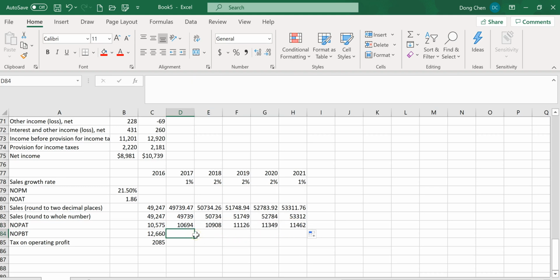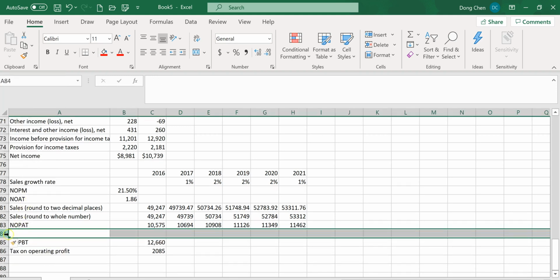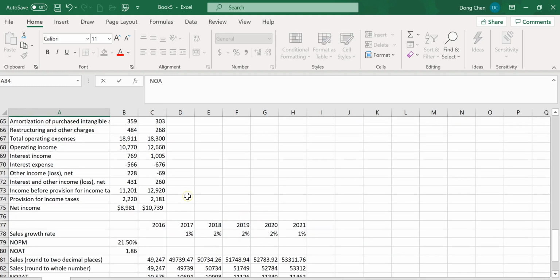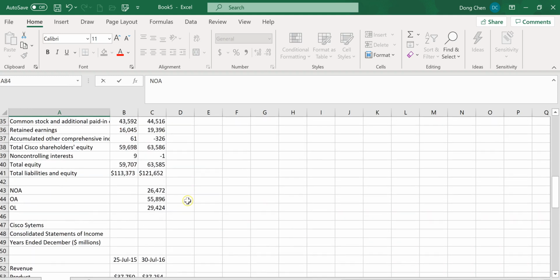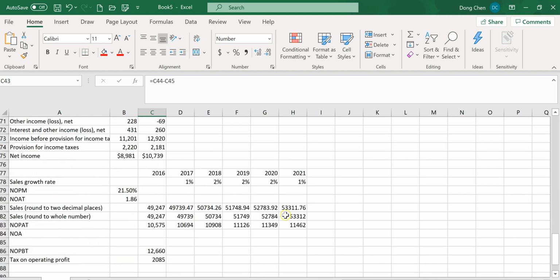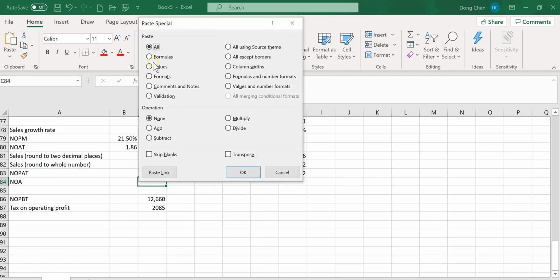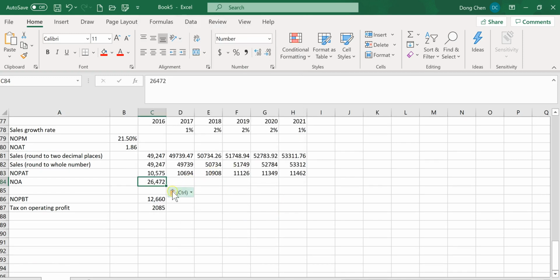And NOPBT, actually now I don't need this. What I need is NOA, which I calculated earlier. So I can just copy the number, but I want to copy just the value instead of the formula. So I copy the value and paste the value.